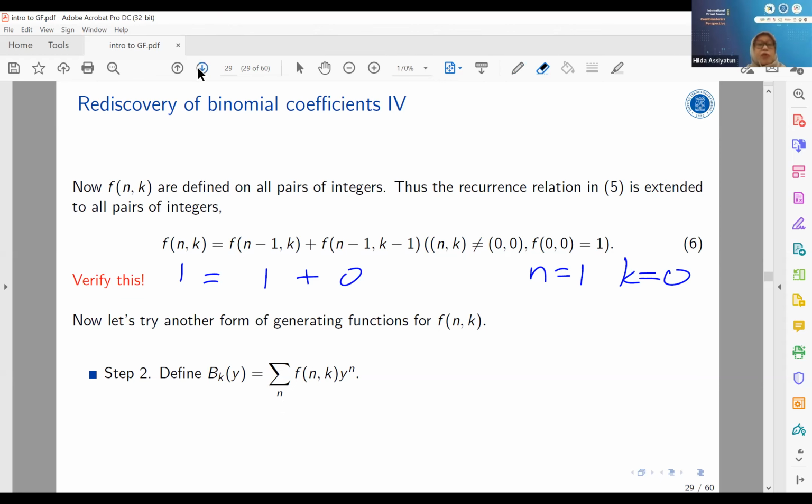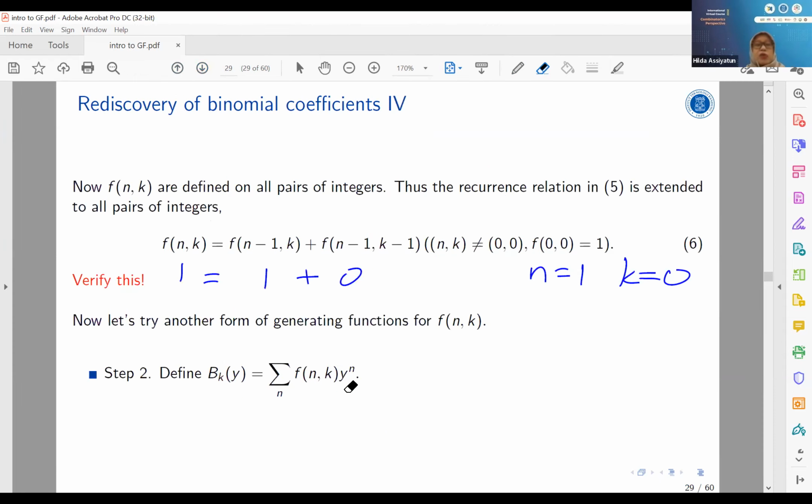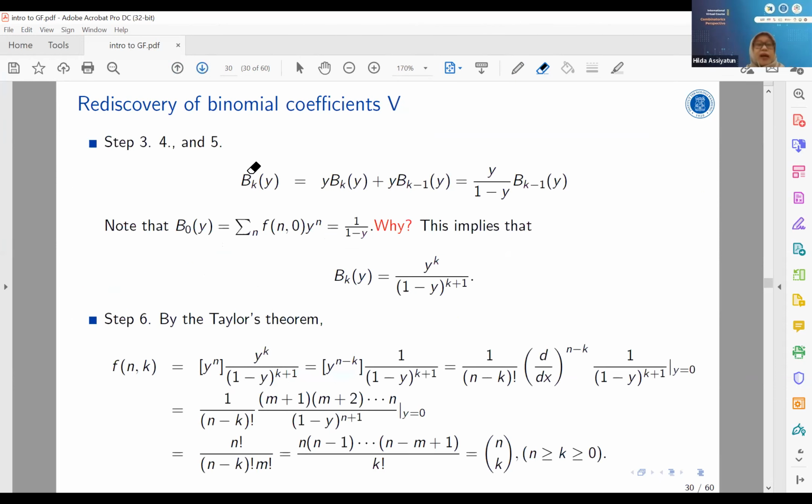Now we will do the same thing again. Multiply both sides by y to the n, for everyone except (0,0).